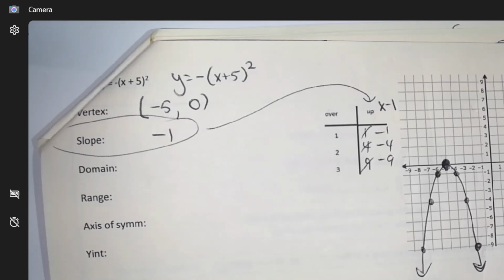Okay, that A value was negative, so I should see a flipped parabola. When it flips, does it create a min or a max? Max.